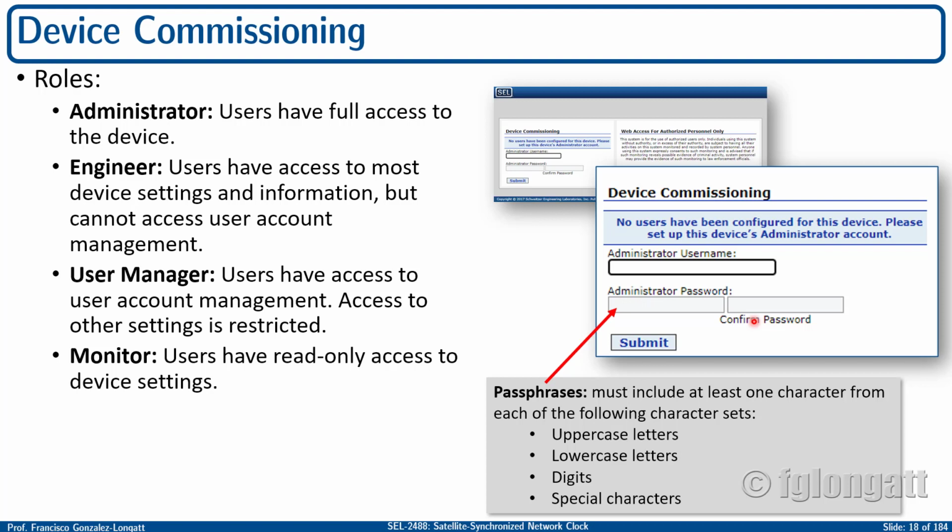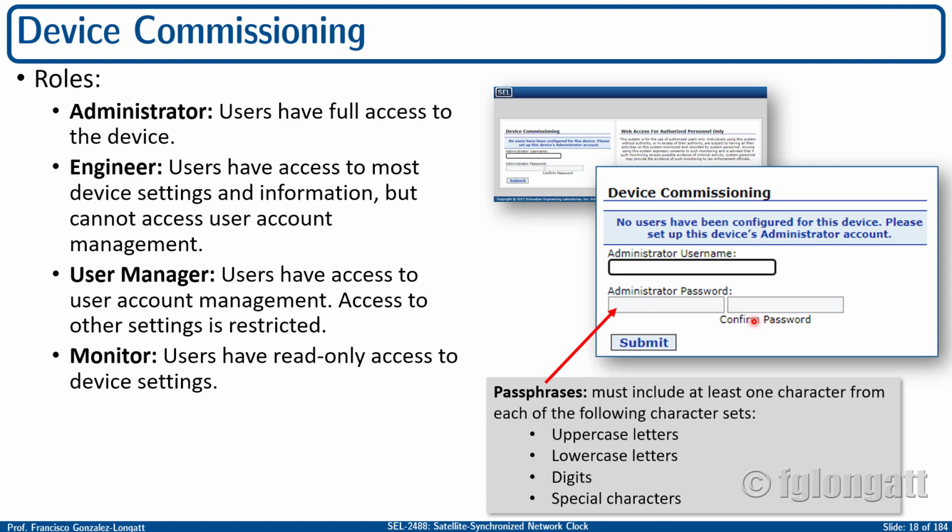That means that the protection engineer who is receiving this brand new device at the substation, the first step during the commissioning is defining and creating an administrator account. And I will do that, okay?